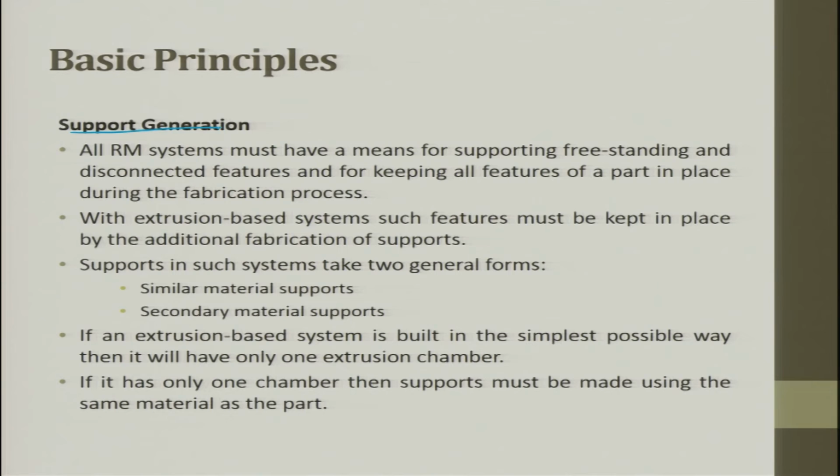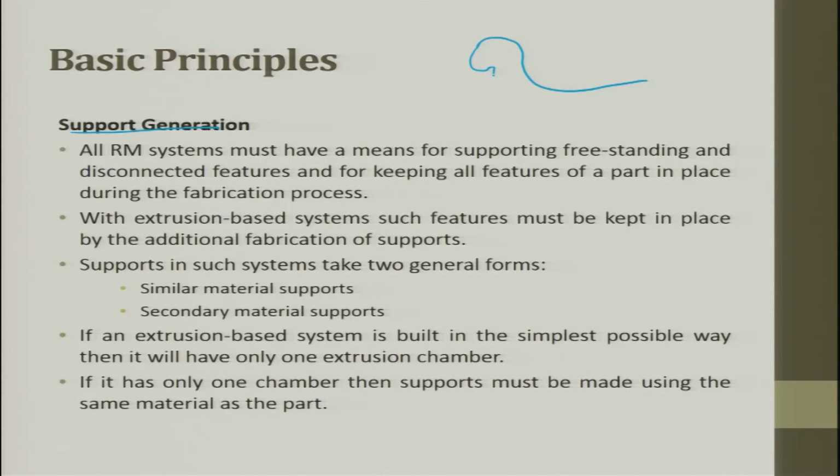Support generation, this I was trying to tell you, you have a free hanging surface. This free hanging surface has to be supported. For example, if you want to make an object like this, okay.